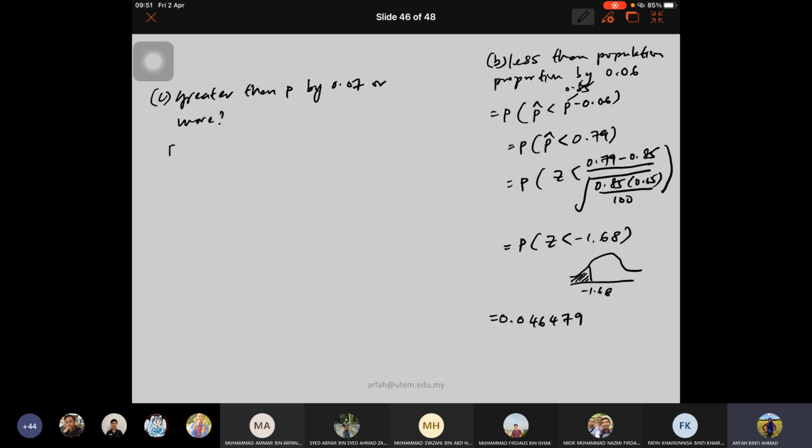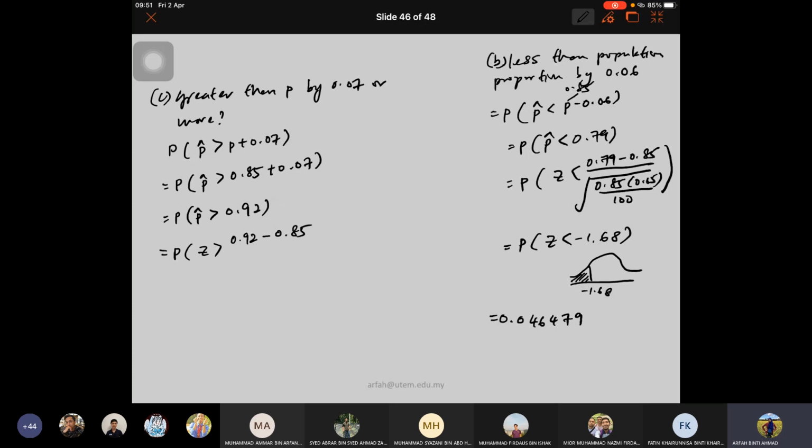Meaning that for this one, you have the probability of sample proportion greater than P plus 0.07, that is greater than 0.85 plus 0.07, which is 0.92. So calculate Z greater than 0.92 minus 0.85 divided by square root of 0.85 times 0.15 divided by 100.